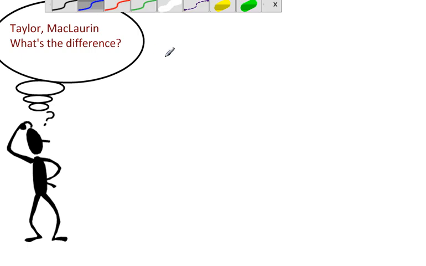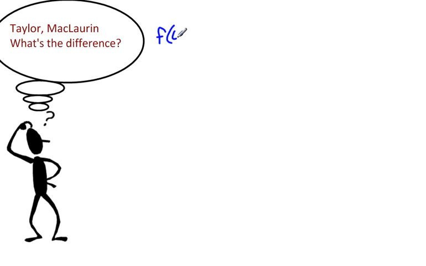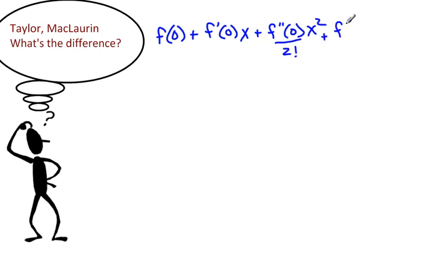So if we take our Maclaurin series, we're going to start with f of 0 plus f prime at 0 times x plus f double prime at 0 times x squared over 2 factorial plus f triple prime at 0 times x cubed all over 3 factorial and on.